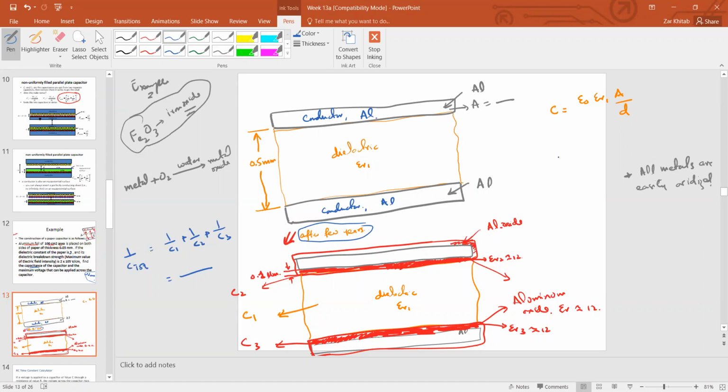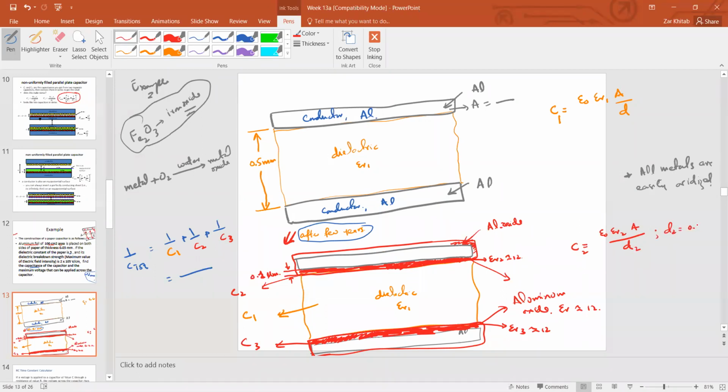And you can calculate. You can really calculate. See, this was the C1. Here is C1. And there are C2 and C3. C2 and C3, they are same. Okay, so C2 is equal to epsilon naught, epsilon R2, A still the same, and D2. D2 is how much?